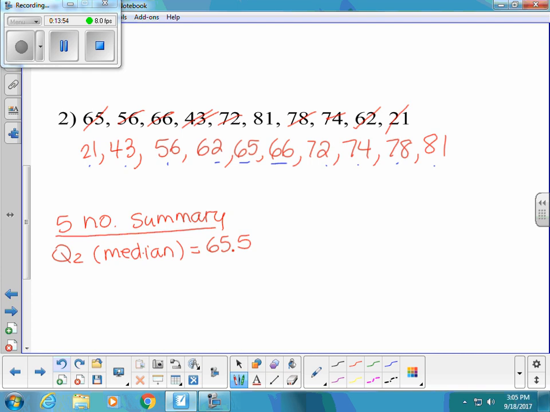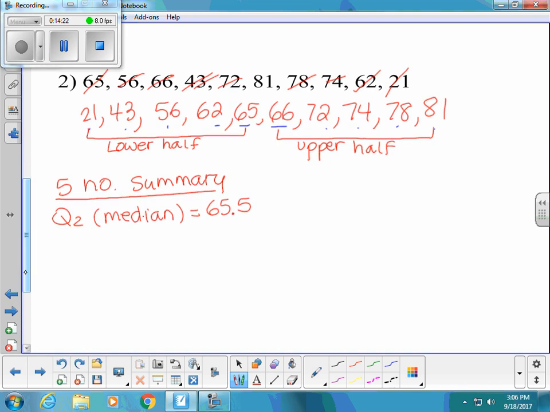This time when it's an even list, your lower half is going to include the first of the 2 middle numbers, and your upper half is going to include the second of the 2 middle numbers. So now, when I go to get Q1, I go from 21 to 65.